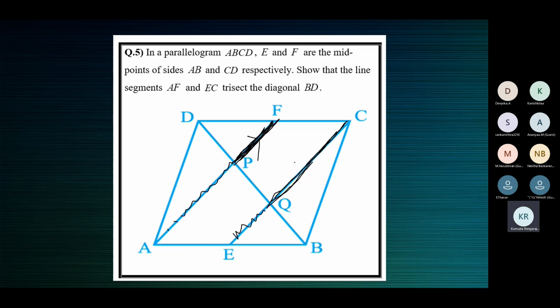And they are parallel because PF is a part of AF, and QC is a part of EC. And we know that AF is parallel to EC. So any part of AF will be parallel to any part of EC. AF is parallel to EC because opposite sides of parallelogram AECF. Any part of AF will be parallel to any part of EC. So like that we have PF parallel to QC.